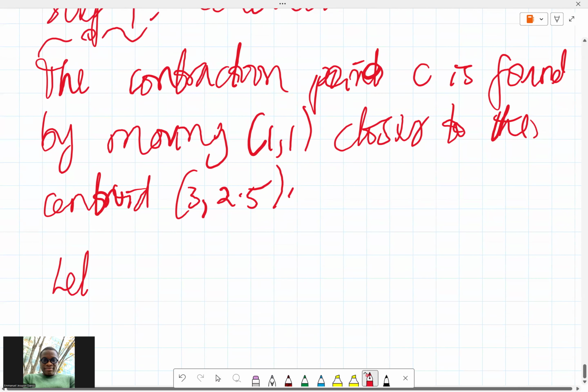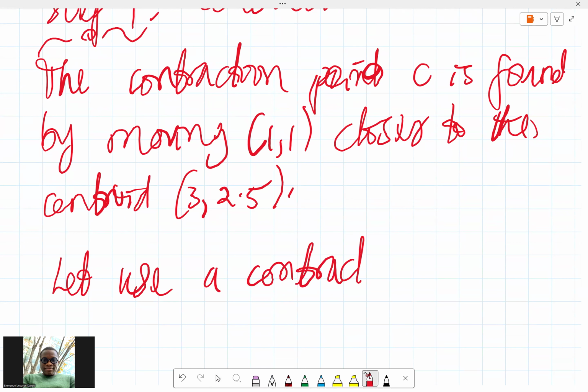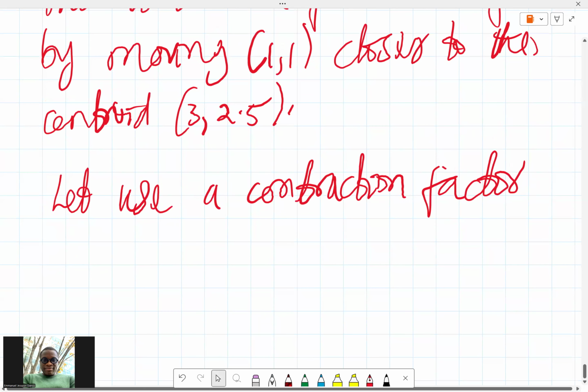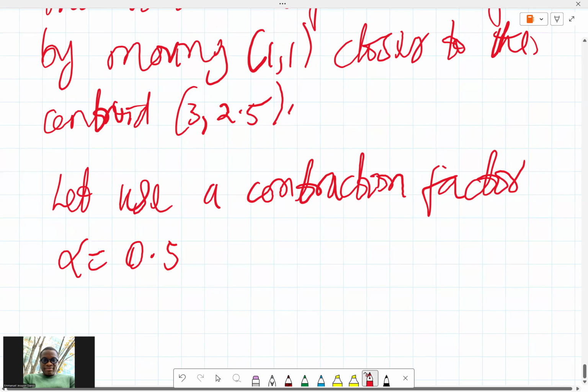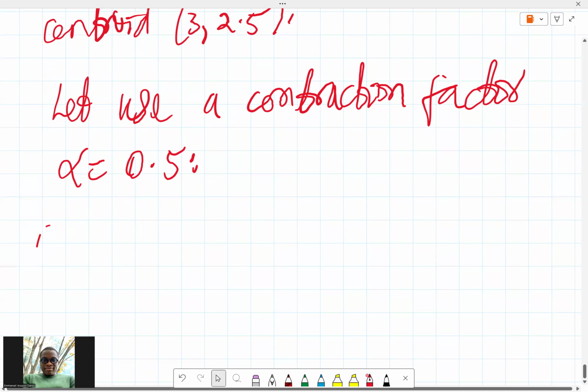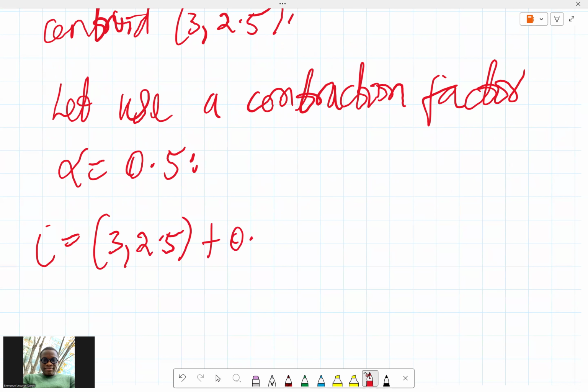So now let's use a contraction factor. You can choose a contraction factor. Let's use a contraction factor alpha equals 0.5, so that our C becomes (3, 2.5) plus 0.5 times ((1, 1) minus (3, 2.5)).